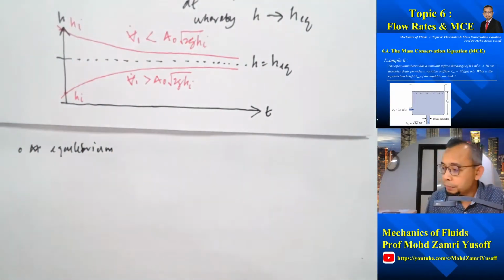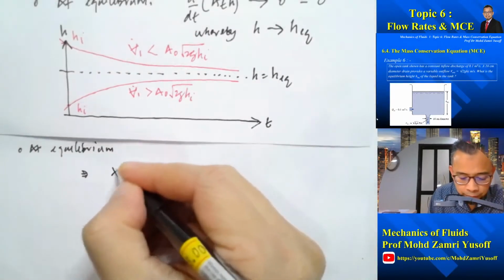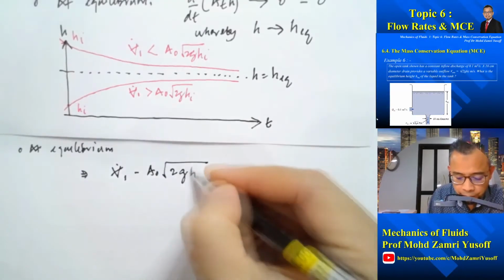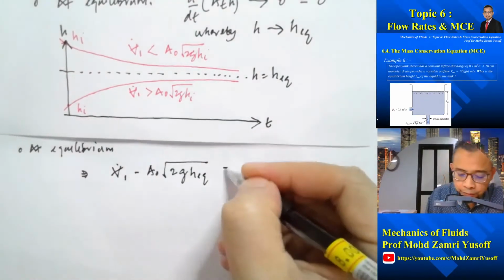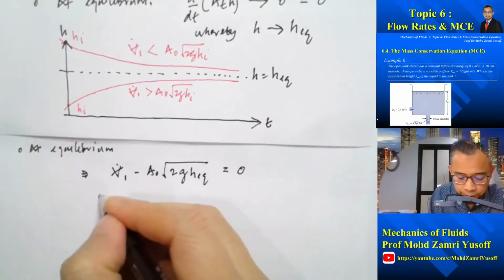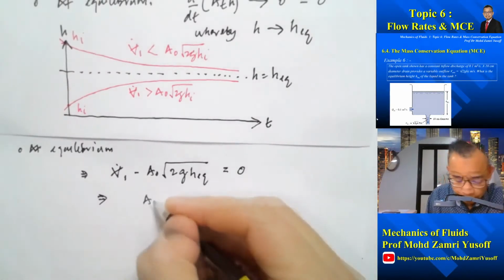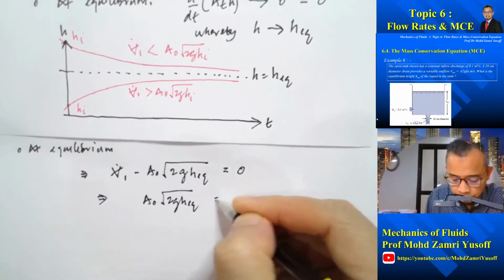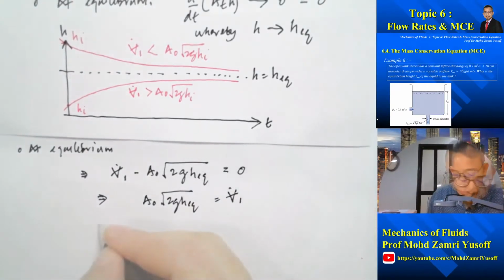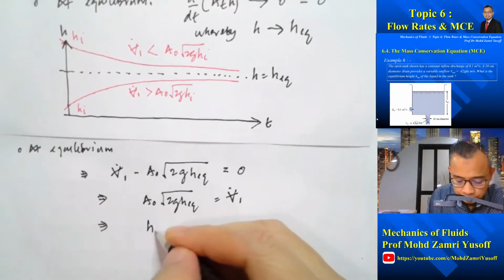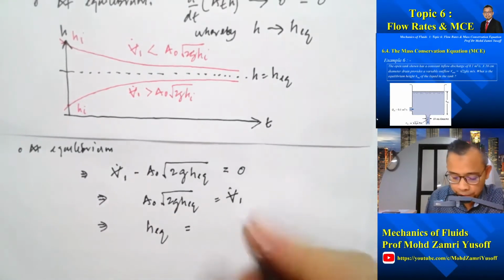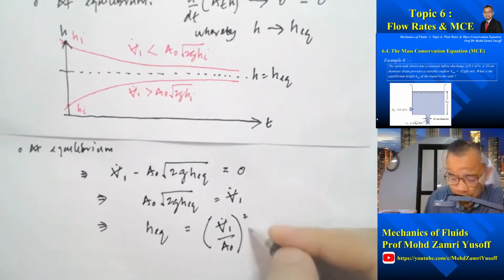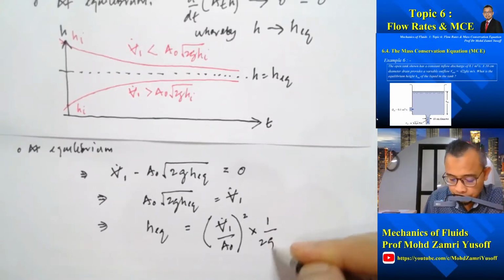At equilibrium, V dot 1 minus A naught root 2g H equilibrium will be equal to 0. So we can rearrange this. So we have A naught root 2g H eq will be equal to V dot 1. So this will give us H eq is equal to 1 over A naught squared multiplied by V dot 1 squared over 2g.